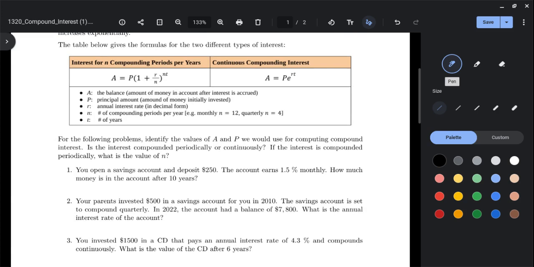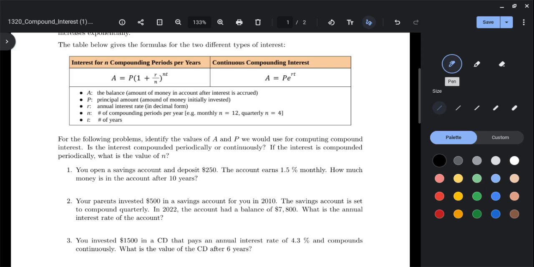And then the formula on the right is continuous compounding interest. In this formula on the right, I just want to point out that this e is not a variable. It's not an unknown. It's a number. You probably have a button for it on your scientific calculator, and it represents the number that's approximately 2.718. And it's like pi. It represents a number, not an unknown.